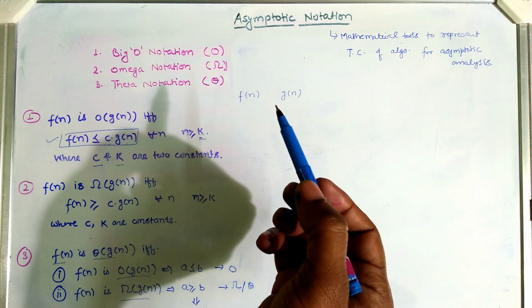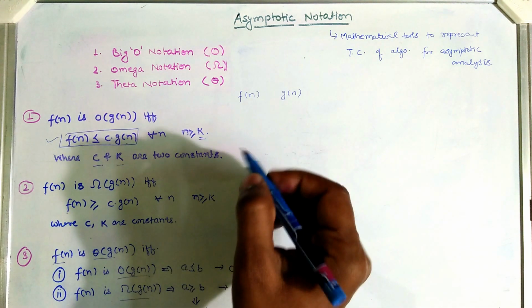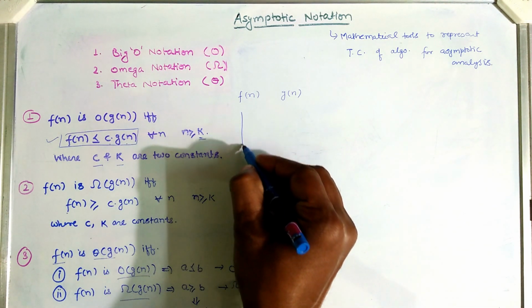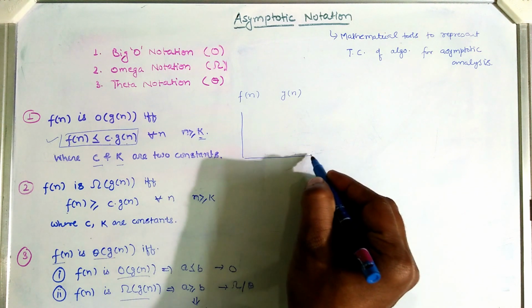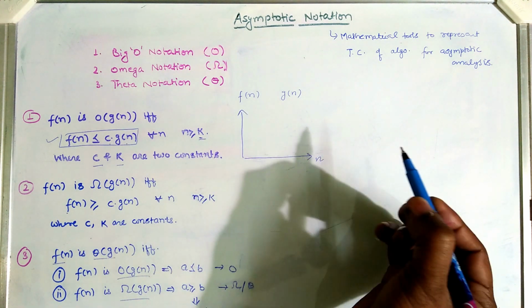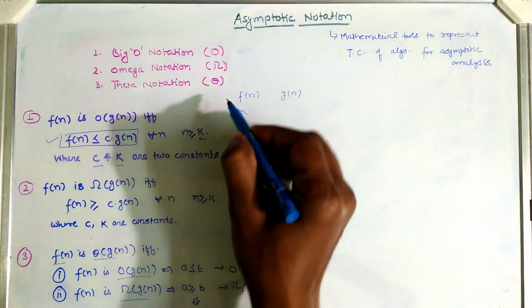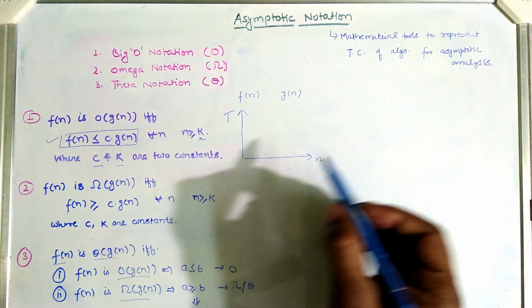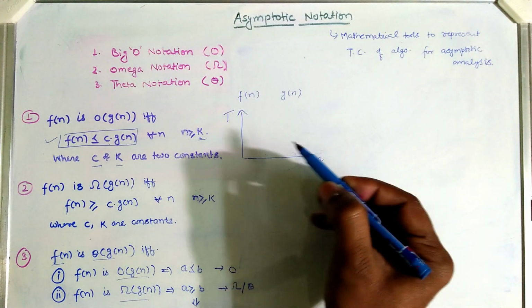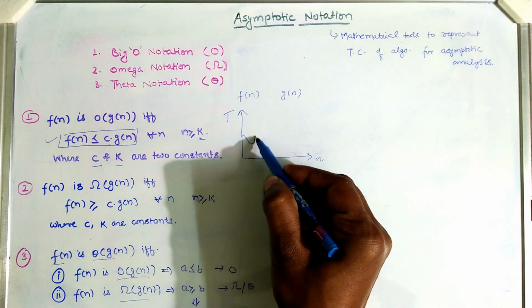So let us draw a graph which can represent the definition for big O notation. In the graph, the x-axis denotes the number of inputs and the y-axis denotes the time. Suppose this is my function f(n).